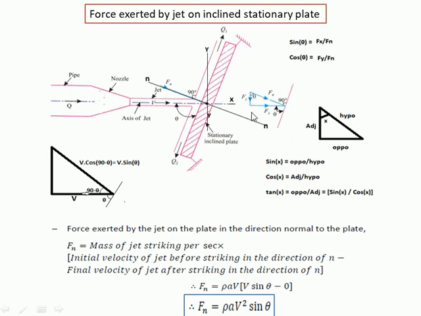So for this triangle, this is the free body diagram of the plate and the jet and the forces exerted on the plate. This is the force Fx in x direction, this is the force Fy in y direction, this is the force exerted by the jet on the plate in n direction, that is normal direction. So sin theta is equal to Fx upon Fn and cos theta is equal to Fy upon Fn.